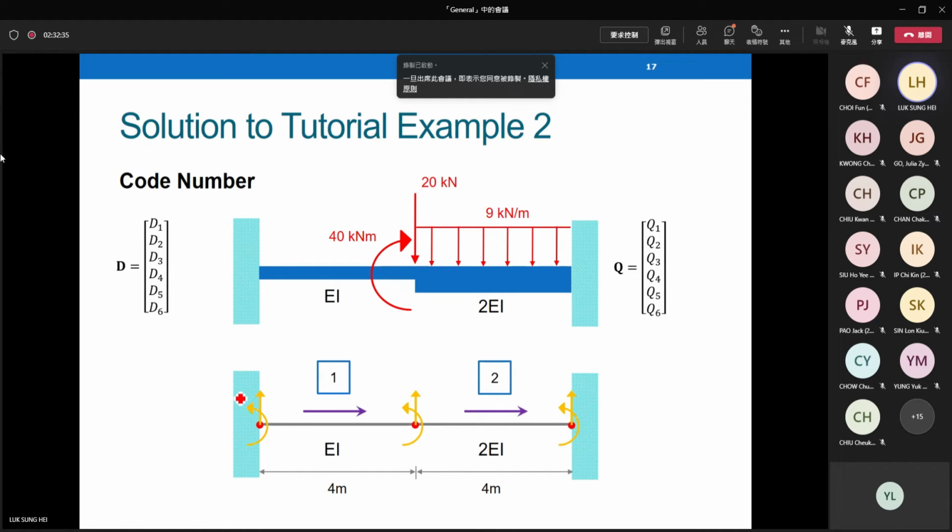And then arrange the code number order. Code numbers you can assign according to the textbook method. Assign code numbers starting from the arrows with unknown displacement. This time, I think it's relatively easy to identify where we have known displacement or unknown displacement.